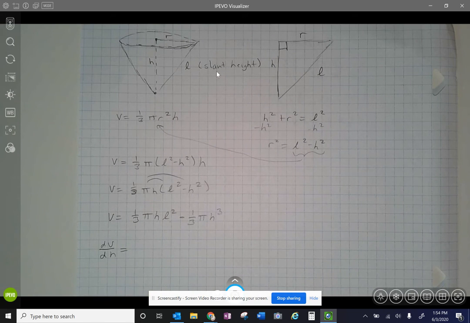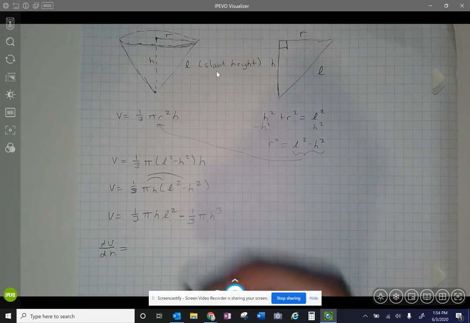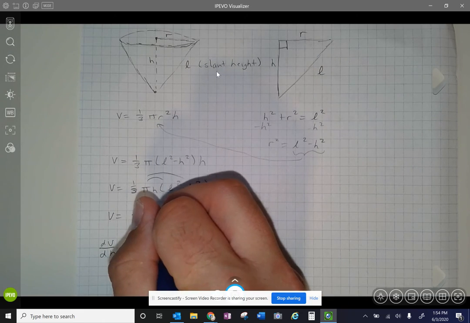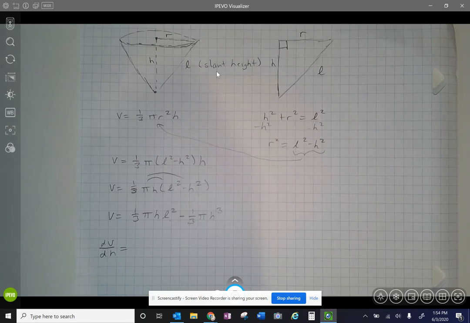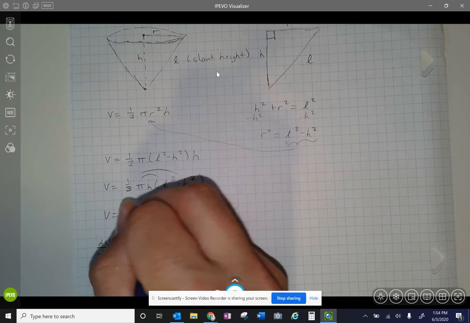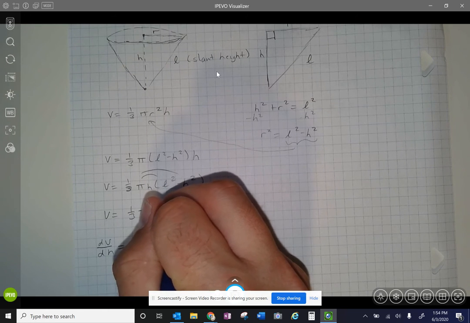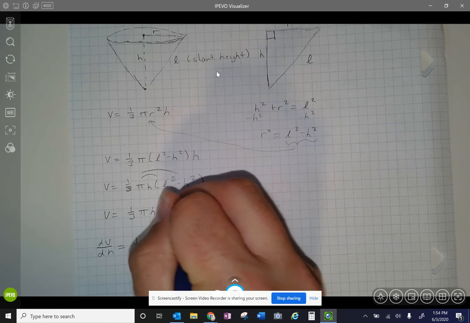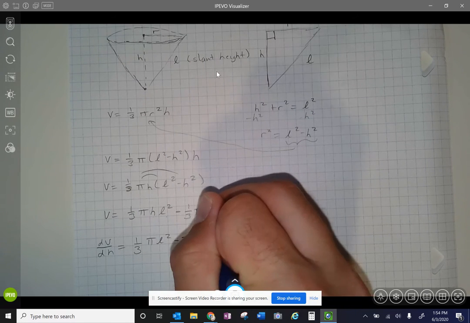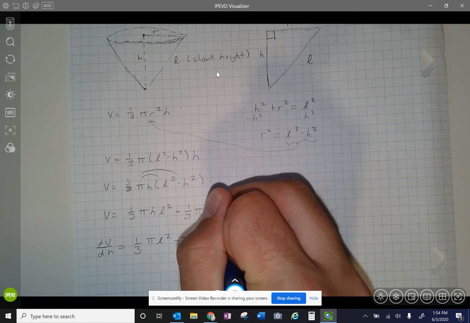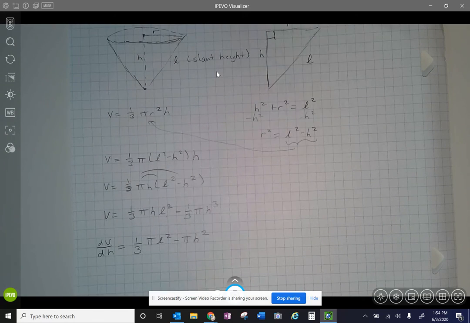A derivative represents the rate of change, which I'll go into a little bit more later. And our derivative is going to be 1/3 pi L squared minus pi h squared.